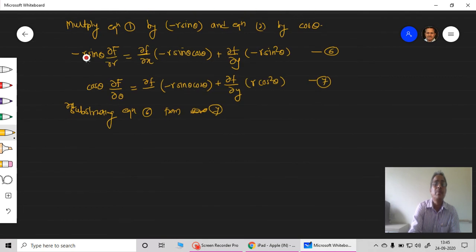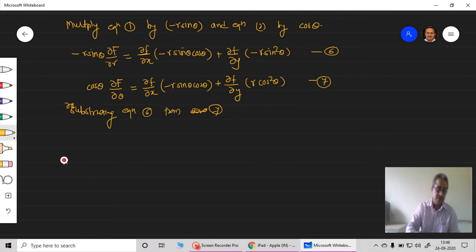Here this was minus r sin theta, this is cos theta. Subtracting means this will become positive, this will also become positive. Here it is ∂f/∂x, so this term and this term are equal and opposite and will get cancelled. When we subtract, this becomes positive, this is negative so that gets cancelled, and this is positive, this will become negative so it will again become positive.